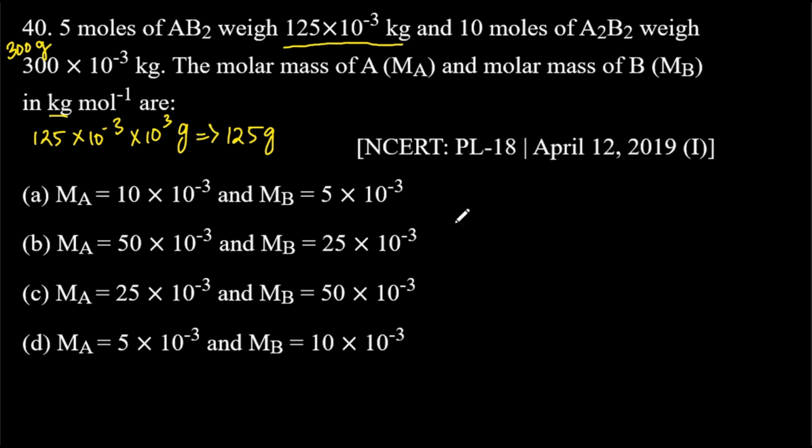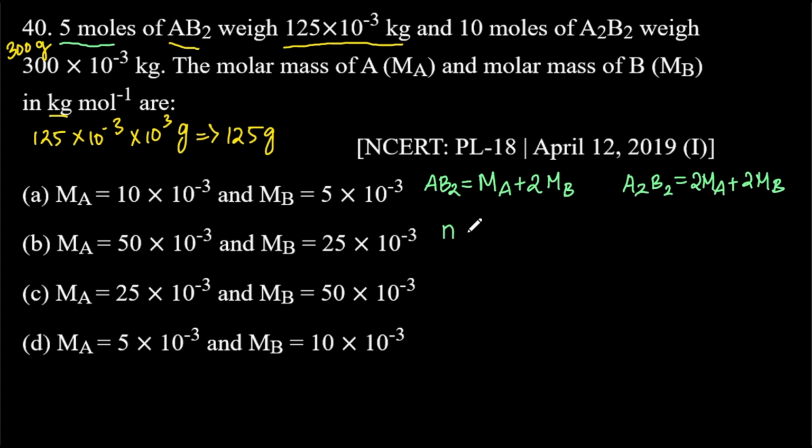So here you have to find the molar mass in terms of kilogram. With the given information, to calculate the number of moles of AB2, you have to know the molar mass of AB2. The molar mass of AB2 can be considered as molar mass of A plus, since 2 B atoms are there, 2 into molar mass of B. Similarly, molar mass of A2B2 is 2 Ma plus 2 Mb. In the question it is given that 5 moles of AB2 is there.